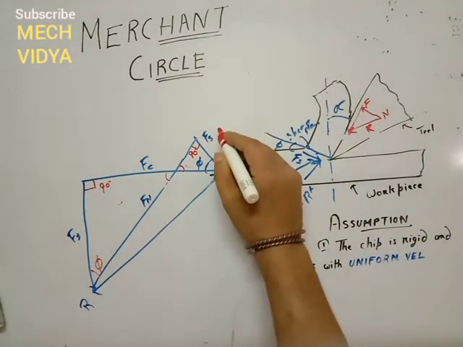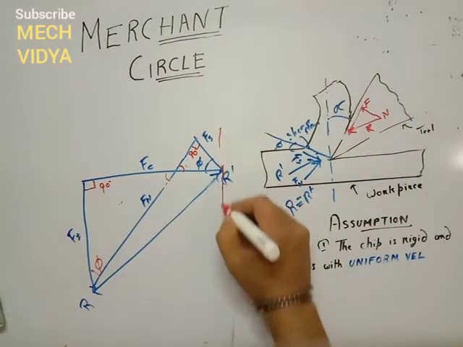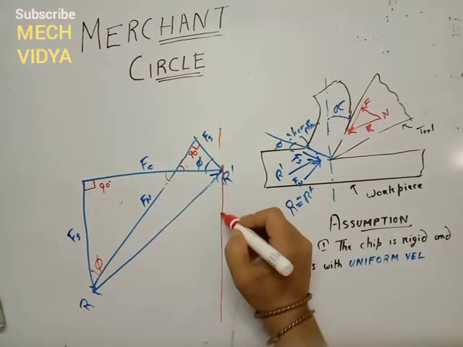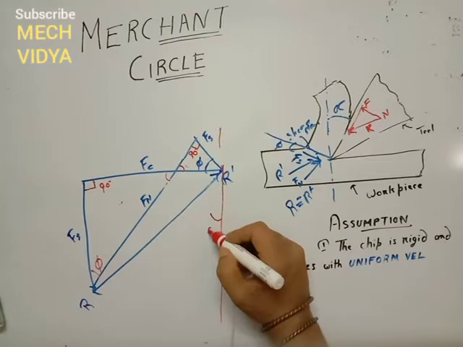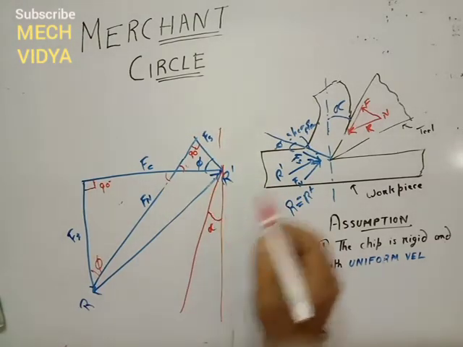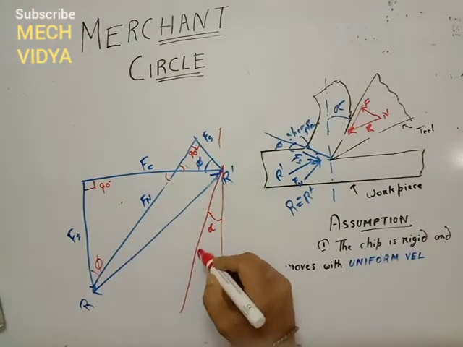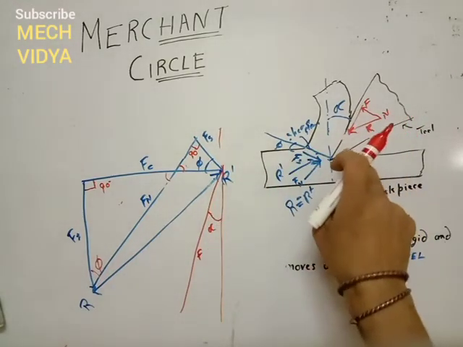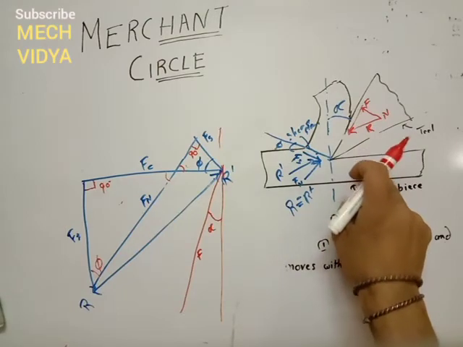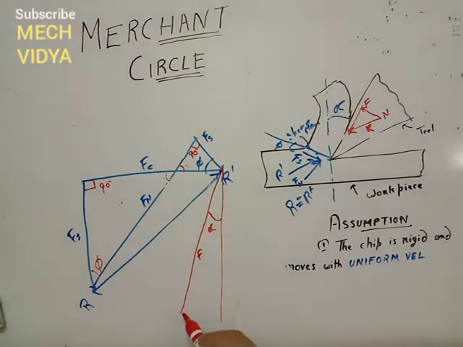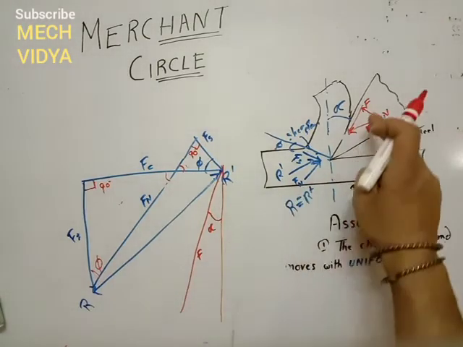So now if I plot a vertical line, then along with this vertical line, it is making an angle alpha, and if I draw a line, it will give the value of F. Okay, I am just correlating with this figure. This is my parent figure, main figure, and correlating it with this one. Okay, so now I have plotted F.